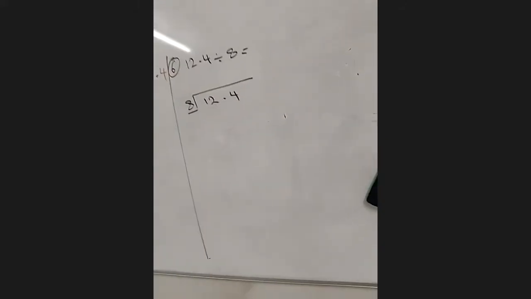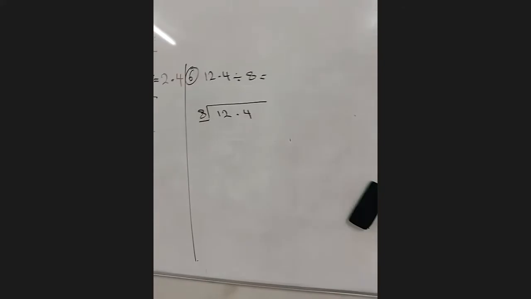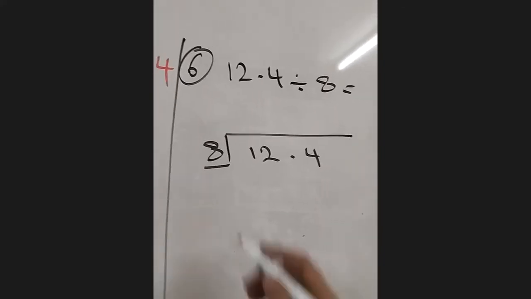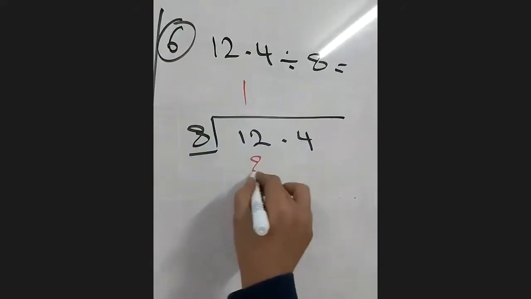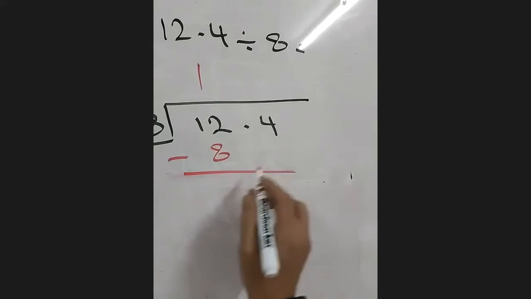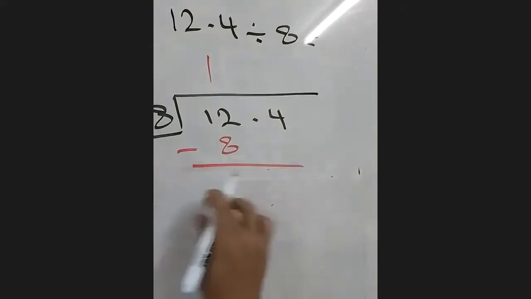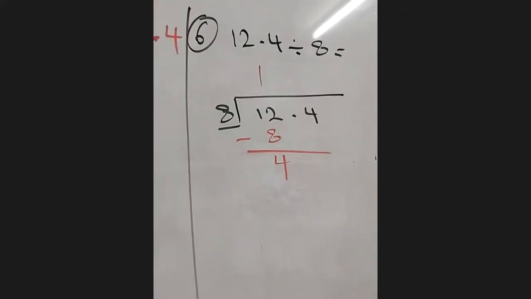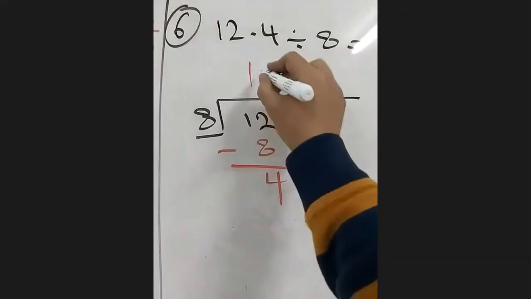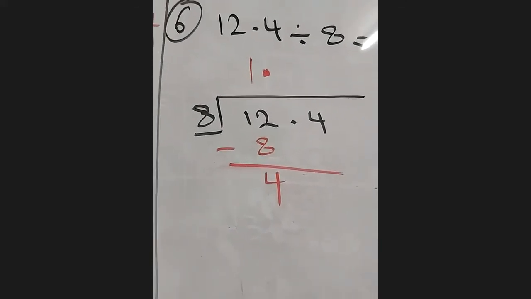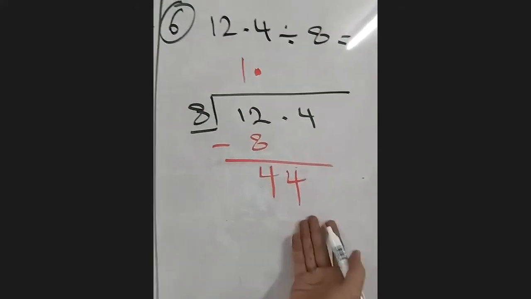Tell me. We'll put 1, multiply 8 is 8. 12 minus 8 is 4. Excellent. Then we'll put the decimal up. Then we'll put the 4 down.